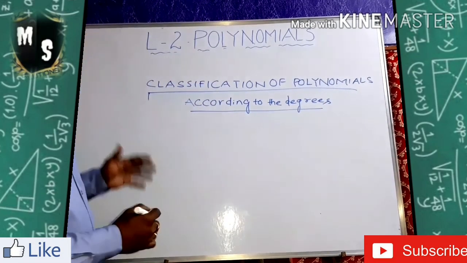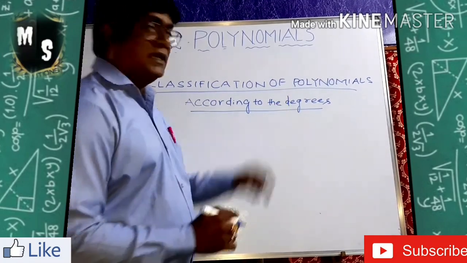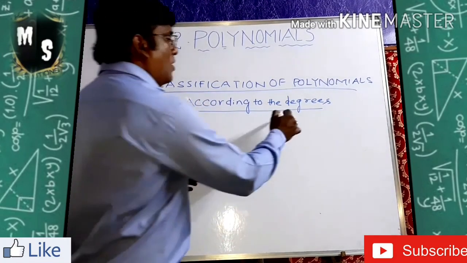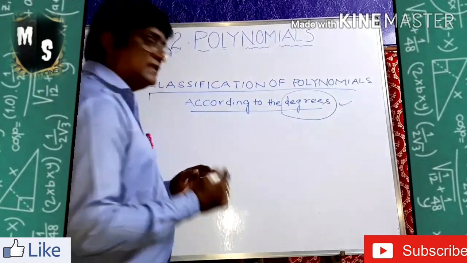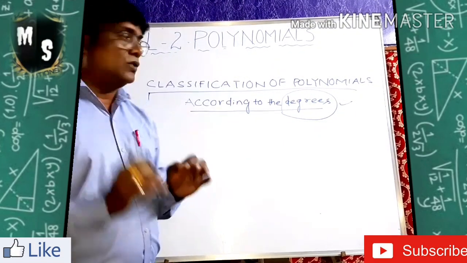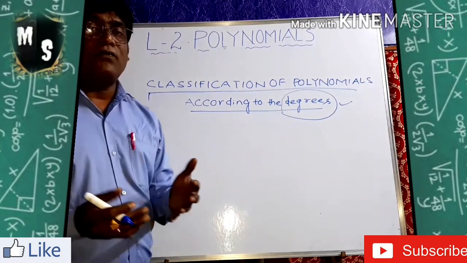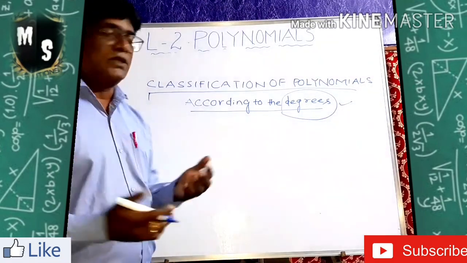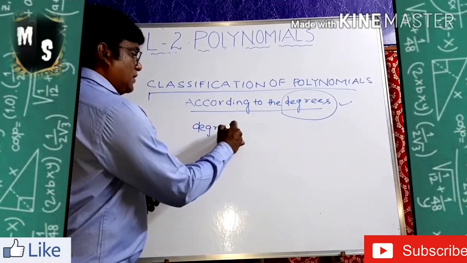First of all, we have to know what is called a degree. Degrees are nothing but the exponent, the powers. Degrees of whom? Degrees of the variables.